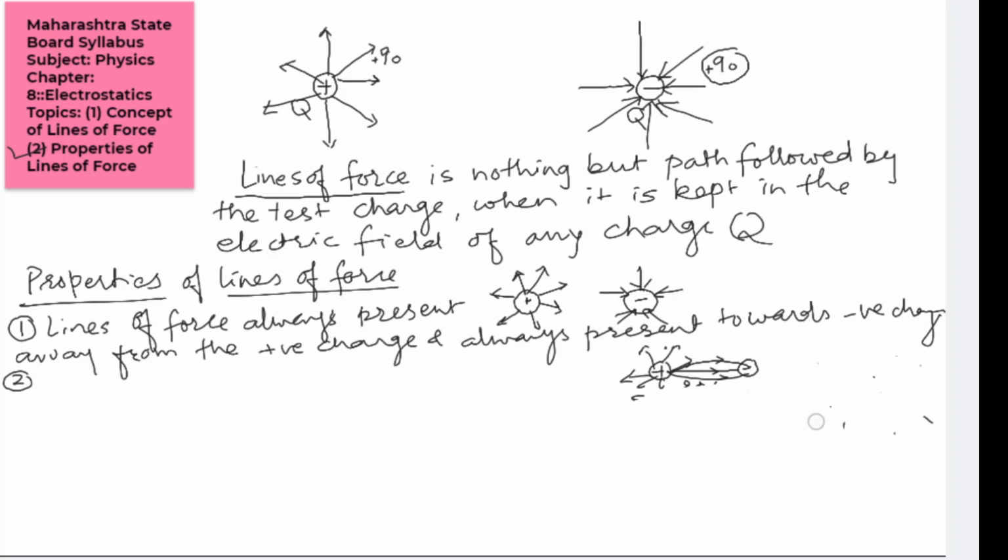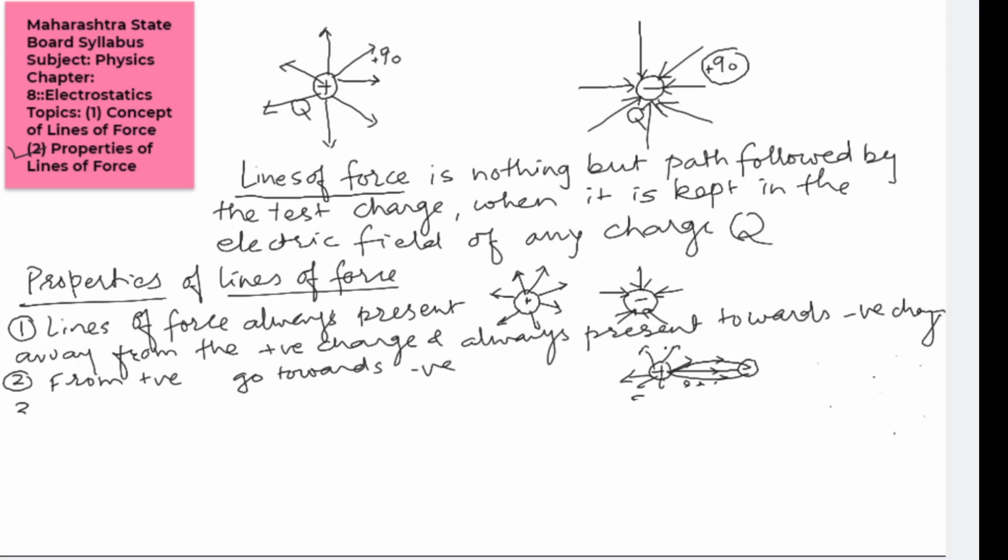All the lines of forces are coming from the positive and going towards the negative. From the positive they are coming, in short I am writing, and go towards negative. Okay.